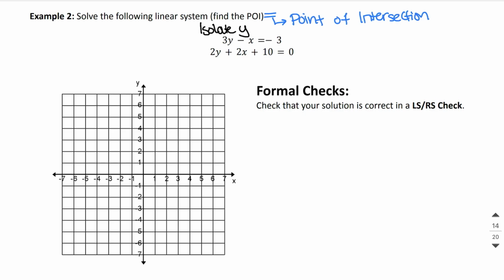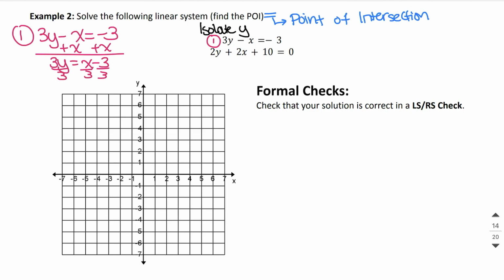So I'm going to call this first one equation number 1. In order to isolate y, I would have to add x to both sides. So I would get 3y equals x minus 3. Then I divide everything by 3, and I end up getting y equals 1/3 x minus 1.